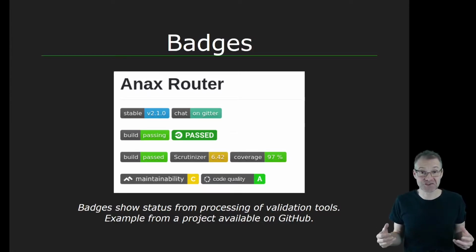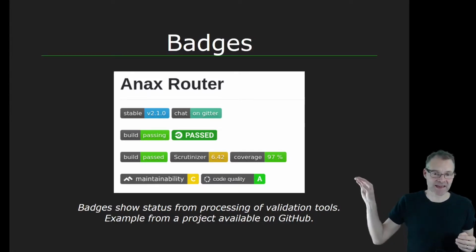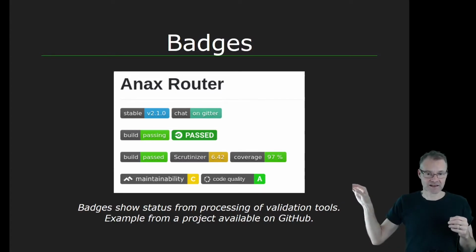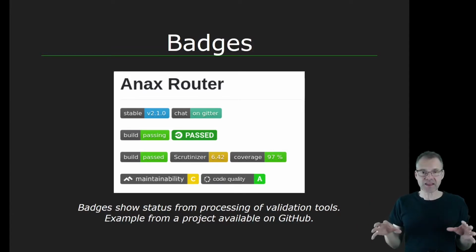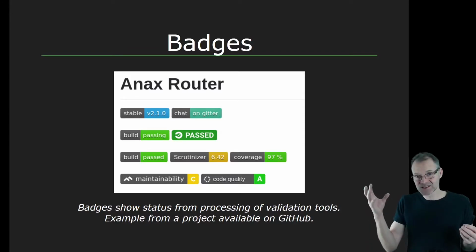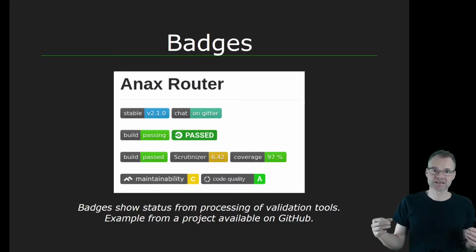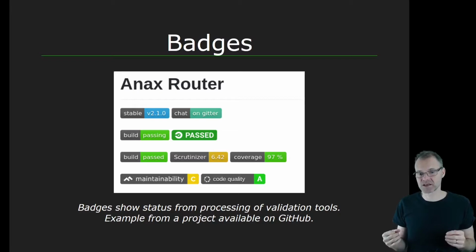There are also services I can use, and they are just saying different grades of my code. So trying to say how good is the code, how hard is it to maintain, what kind of code quality it has. So here we have badges as a way of expressing good or bad code.